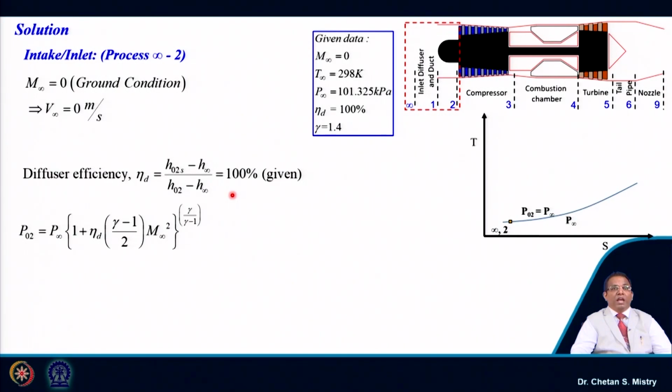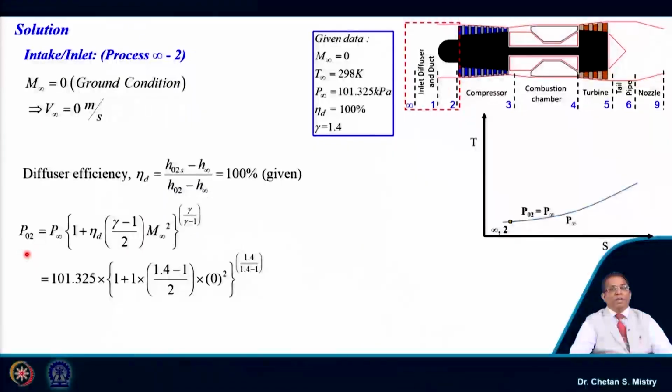We will calculate the pressure at the exit of our diffuser, which is given by this correlation. We know P02 by P infinity is a function of my diffuser efficiency and Mach number. Since my Mach number is 0, my exit pressure is given by 101.325 kilopascal.